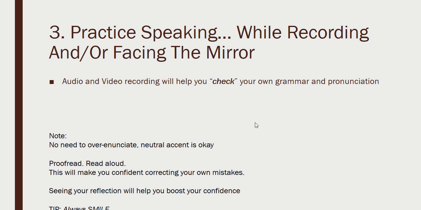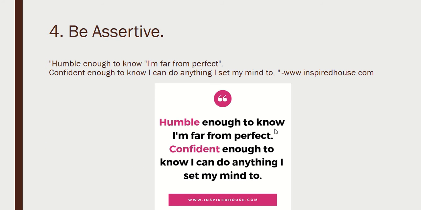Okay? So, next. Be assertive. Assertive. How is that? Okay? So, when we say assertive, we tend to think it means being aggressive. Being passive is also bad. So, we go in the middle. Middle, be assertive. So, be humble enough to know I am far from perfect.